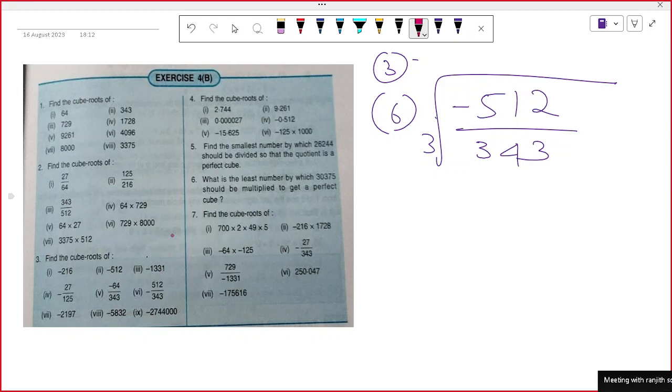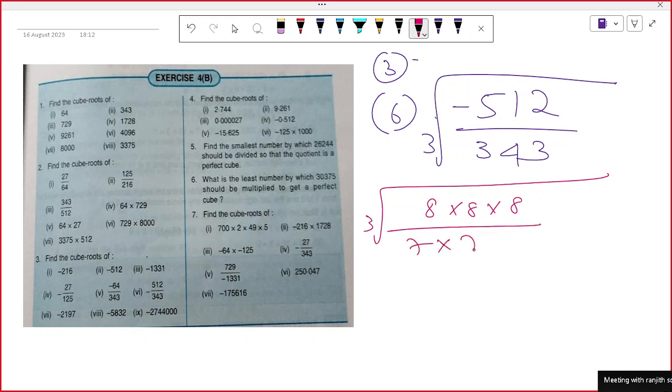So the cube root of 512 is 8. So 8 into 8 into 8 divided by 7 into 7 into 7. We get it as minus 8 by 7. How many of you got the same answer?